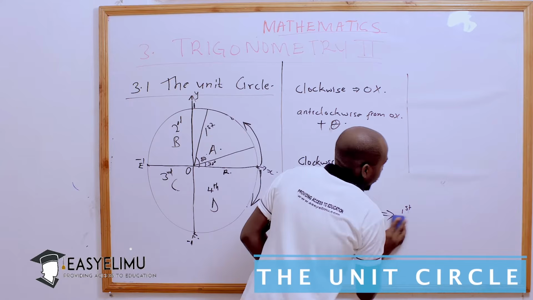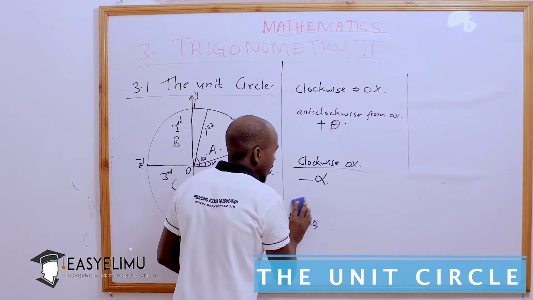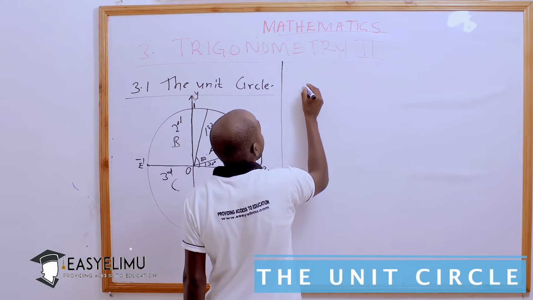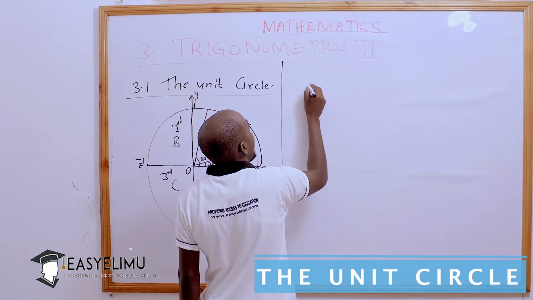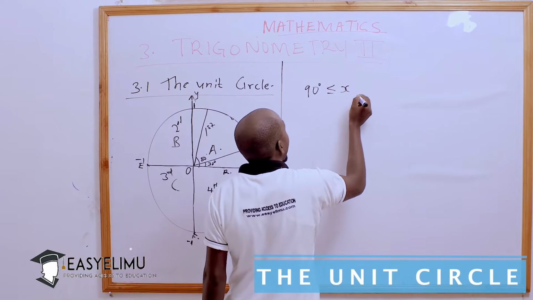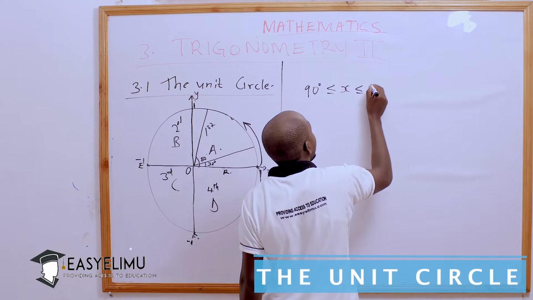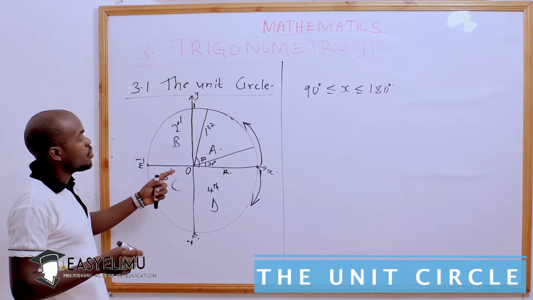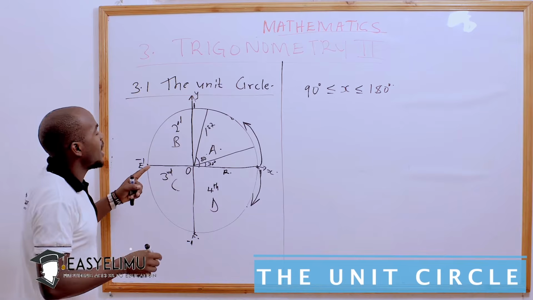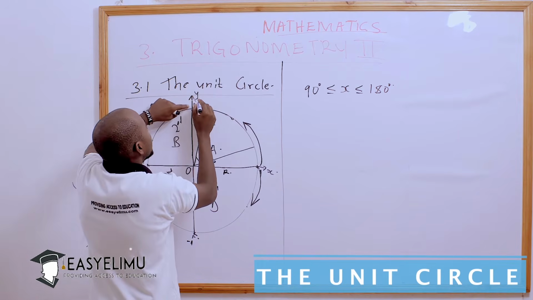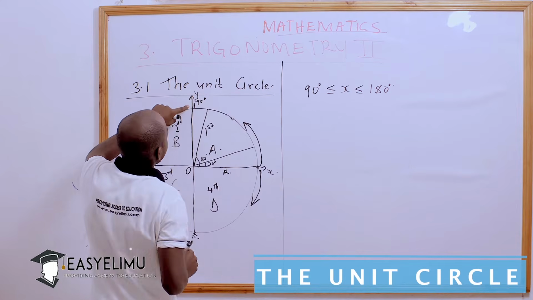But if your angle x is greater than 90 degrees but less than 180 degrees, we say that angle will lie in the second quadrant. Up to this point is where you will find 90 degrees.